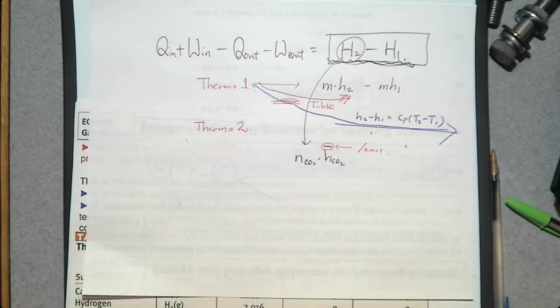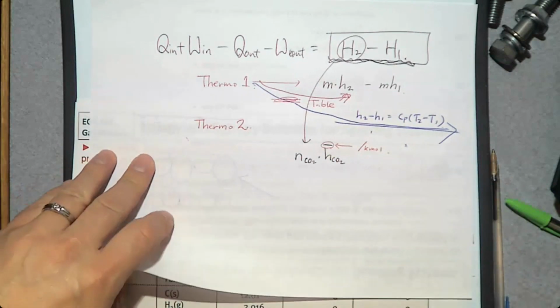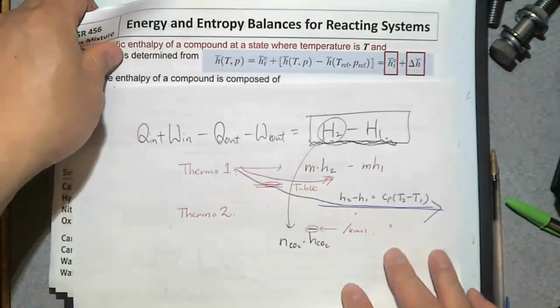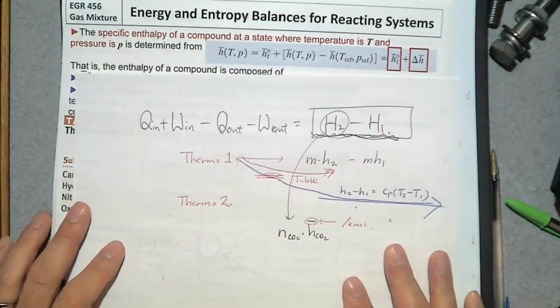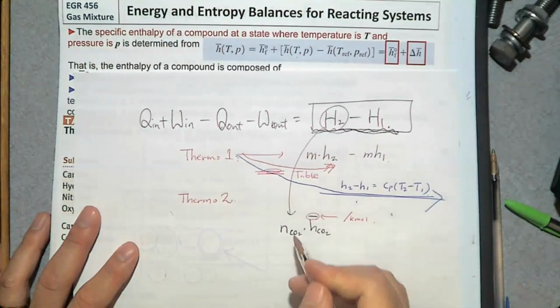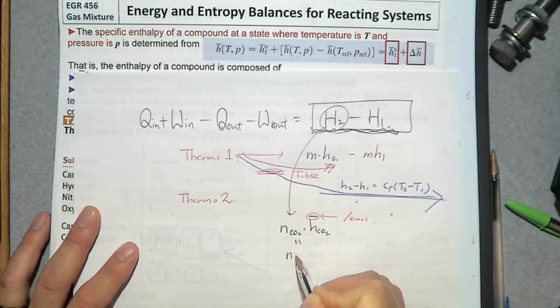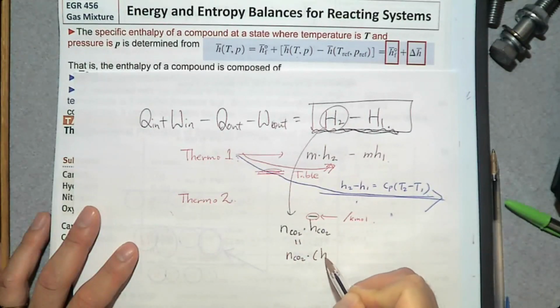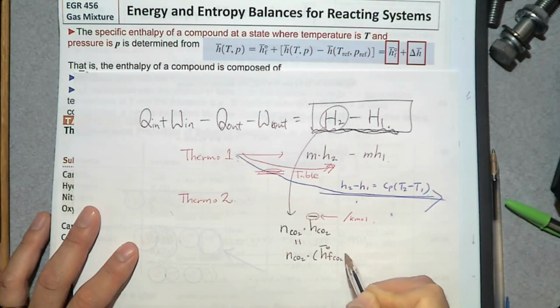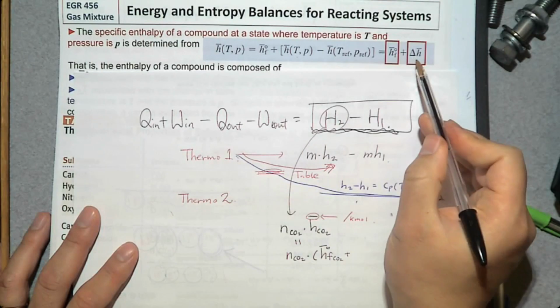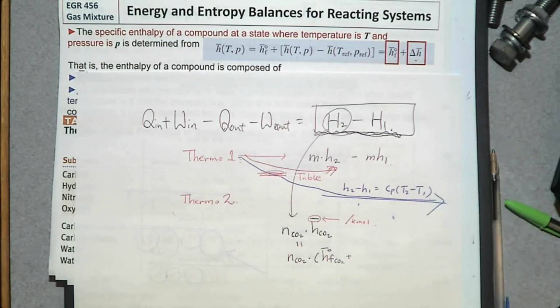Then how do we determine this H bar? We are using this equation. So that is N of carbon dioxide times the enthalpy of formation of carbon dioxide plus delta H. What is delta H?